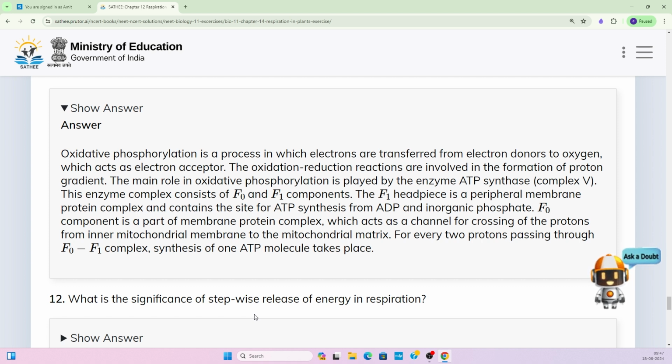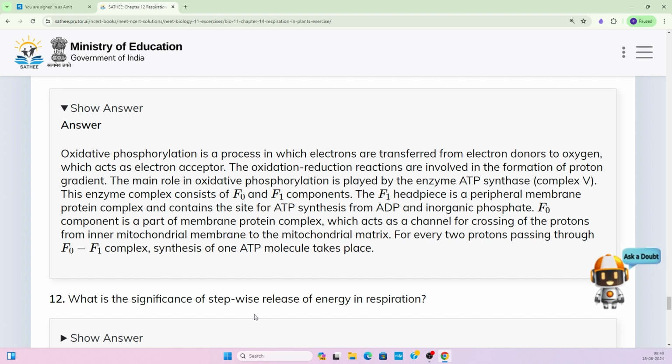Whatever the electron donors are, they get transferred to the oxygen, which acts as an electron acceptor. So one is reduced and the other one is oxidized.